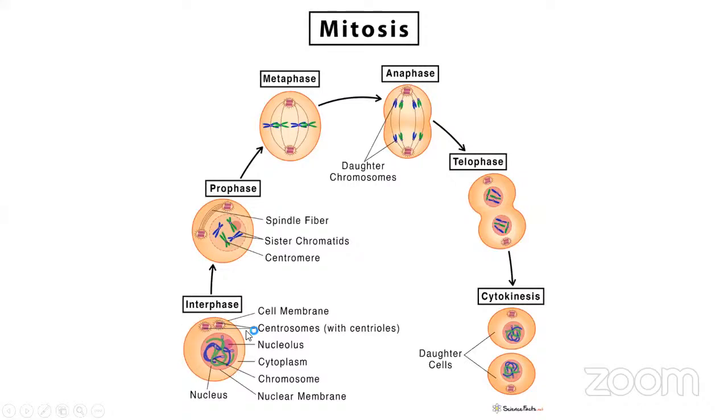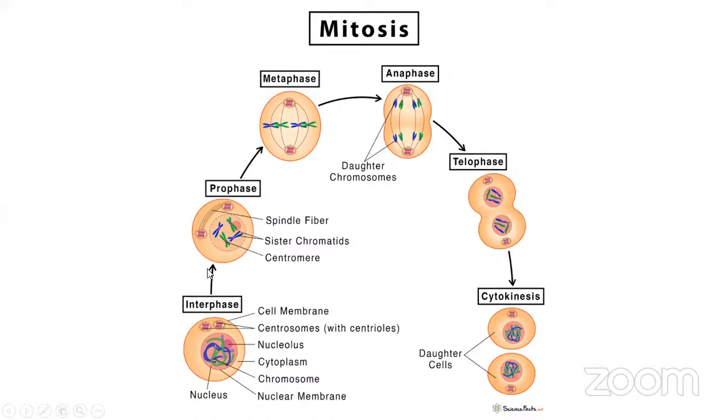The first phase is interphase, in which the cell prepares itself for undergoing mitosis. In an interphase cell, you can see the cell membrane, centrosome, nucleolus, cytoplasm, chromosomes, and nuclear membrane.